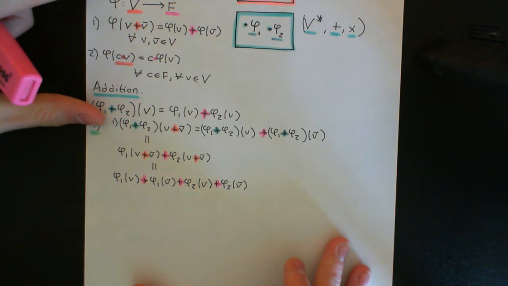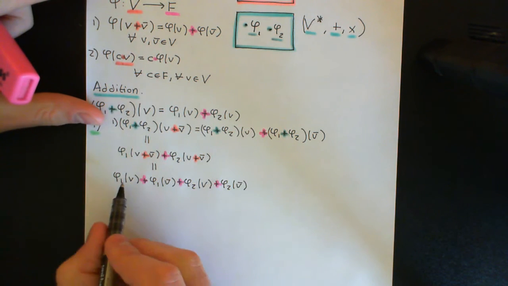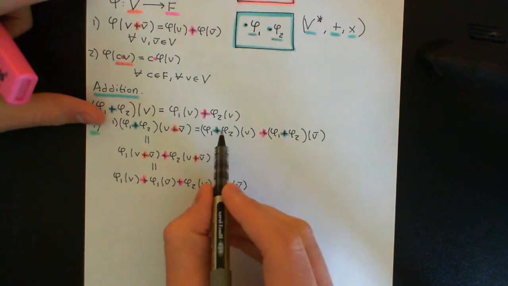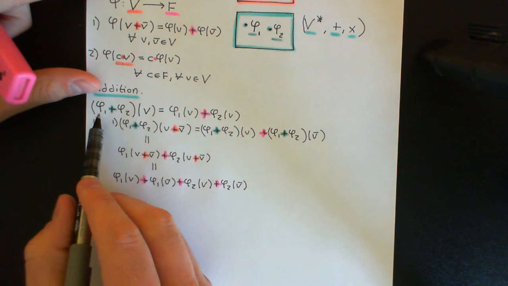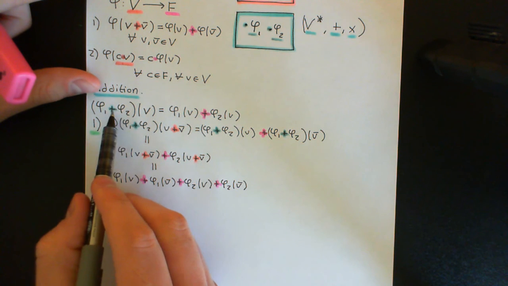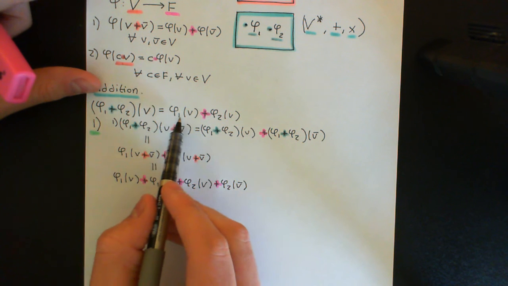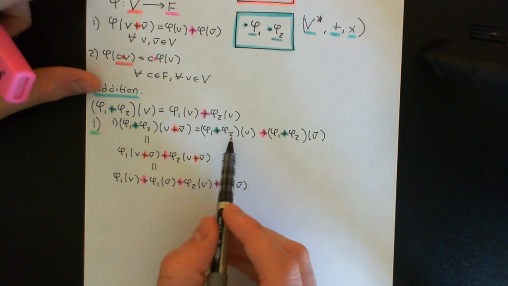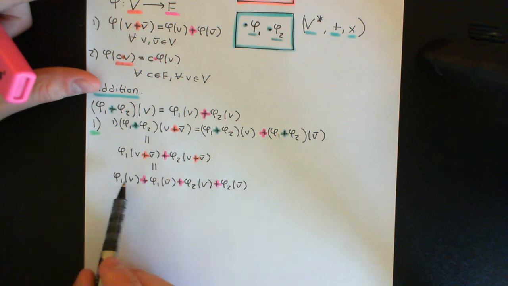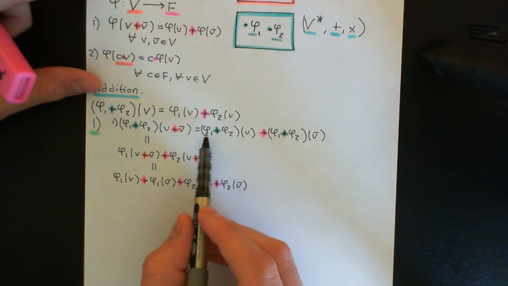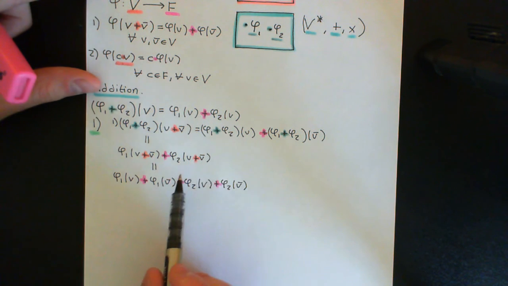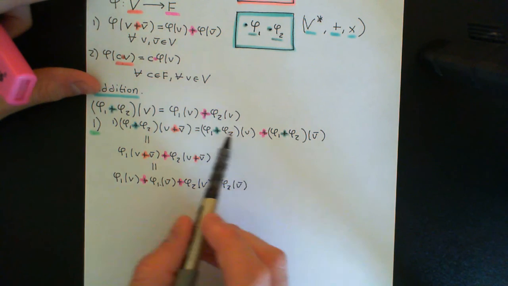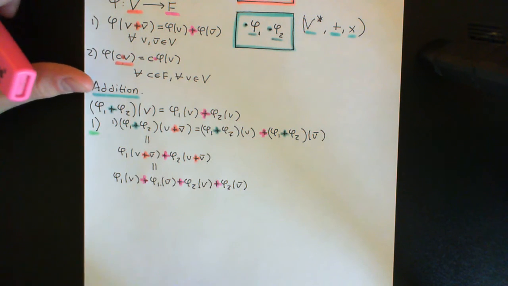Okay, right. Now, what I'd like to do then is somehow arrive at the fact that this is equal to this. So what I'm going to do is again look at my definition here. Phi1 plus phi2 of v is just phi1 of v plus phi2 of v. Okay, I've got those two things here, so hopefully I'll be able to bring this one and this one back together to say that's equal to that, and bring these two together to make that, just reversing the definition now.